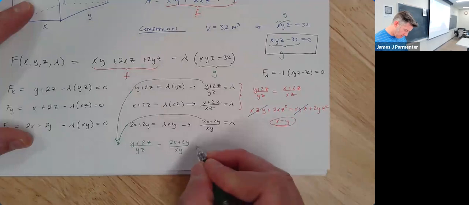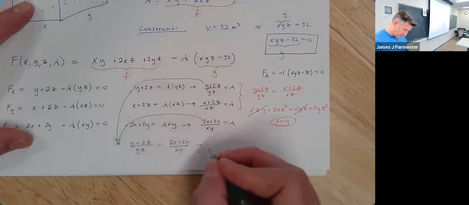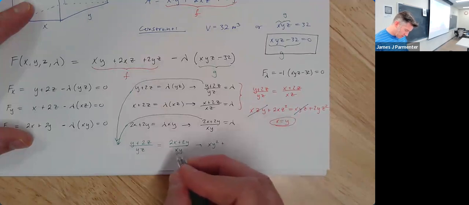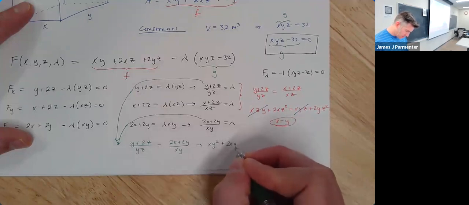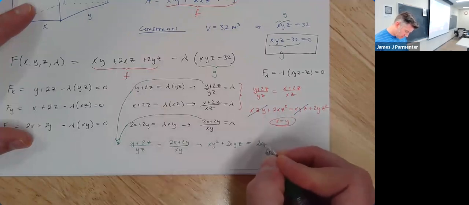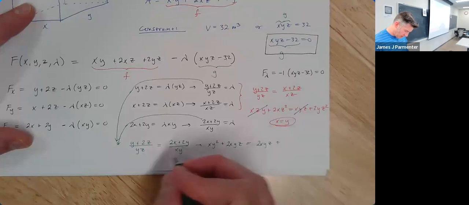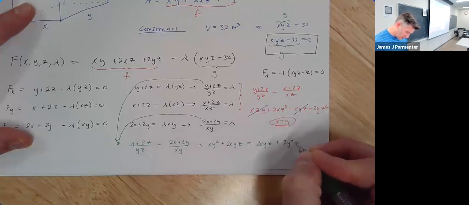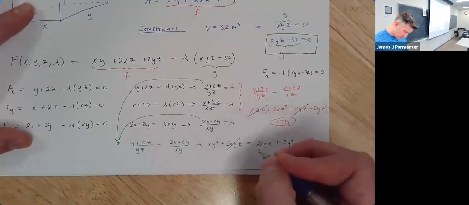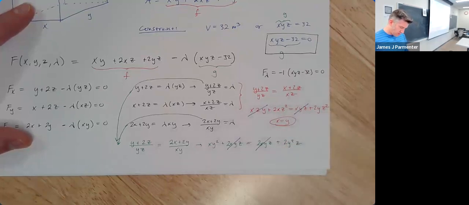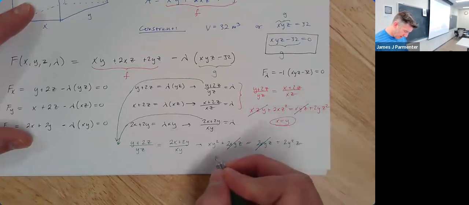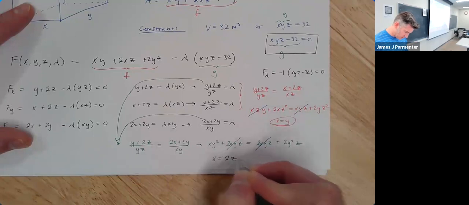So cross multiplying, xy times all that is going to be xy² + 2xyz equal to, on the right hand side, 2xyz plus 2y times yz is 2y²z. The 2xyz's cancel. Then I have xy² = 2y²z. Well, I can divide both sides by y² and get x = 2z.